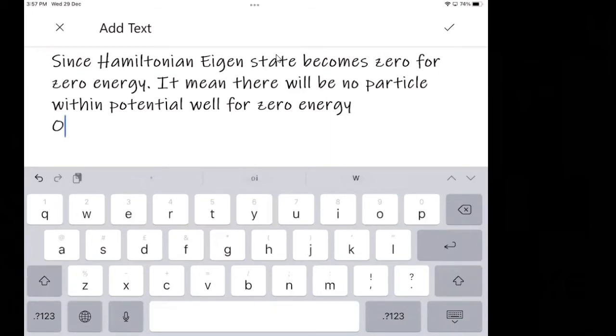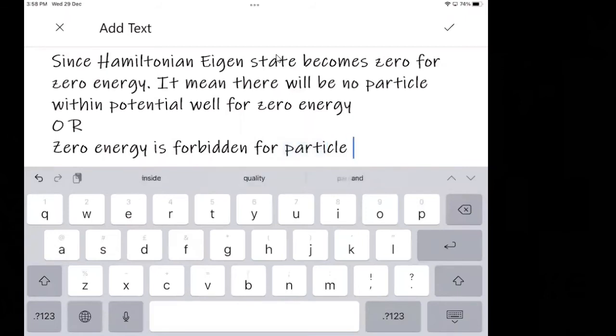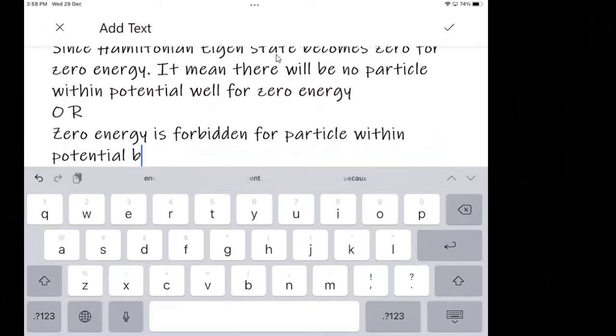Zero energy is forbidden. Forbidden means not exist, for a particle inside, for a particle within a potential box.